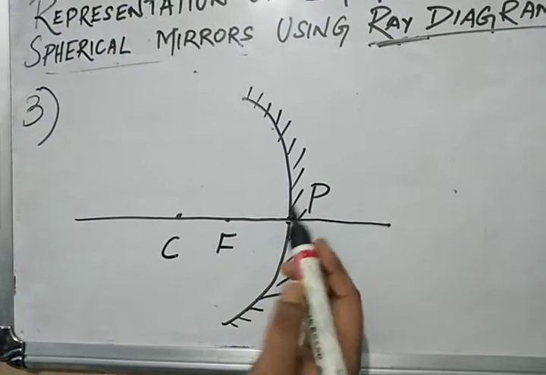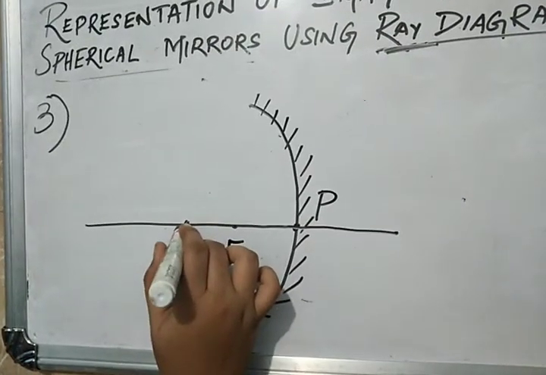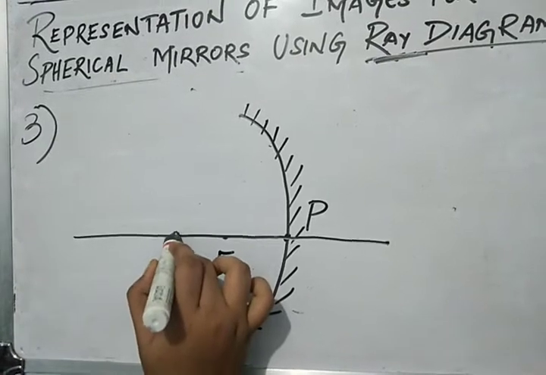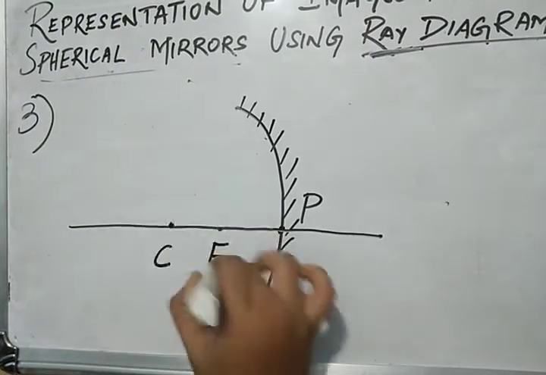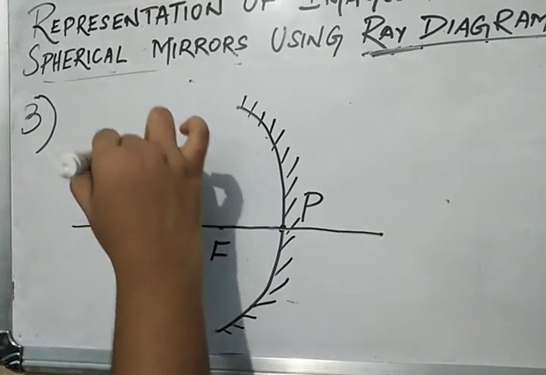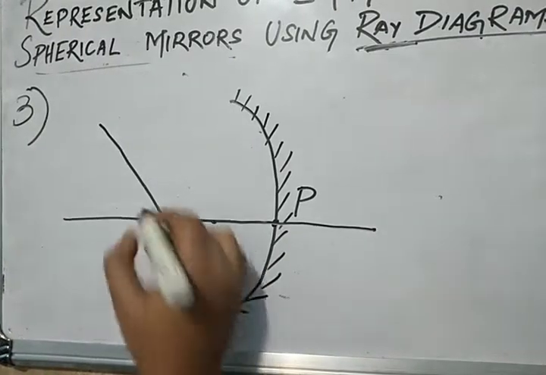Now an incident ray that passes through this center of curvature. I take this to be my incident ray and it passes through the center of curvature.